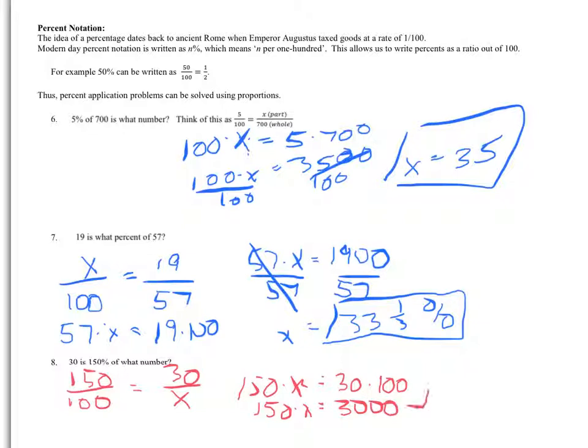And as we've been doing in the last few problems, we divide both sides by 150. 3,000 divided by 150 is equal to 20. So 30 is 150% of 20.